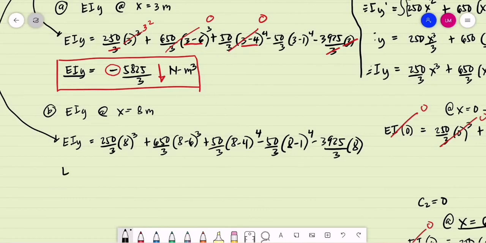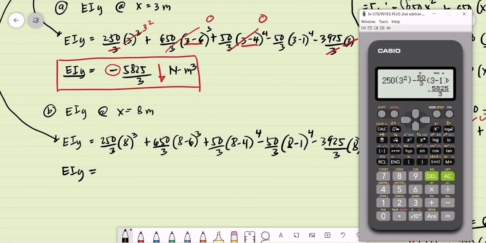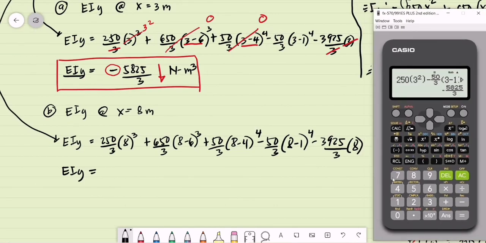Alright, so computing for the value of EIY. This is 250 divided by 3, multiplied by 8 raised to 3. Then plus 650 divided by 3, multiplied by 8 minus 6 raised to 3.